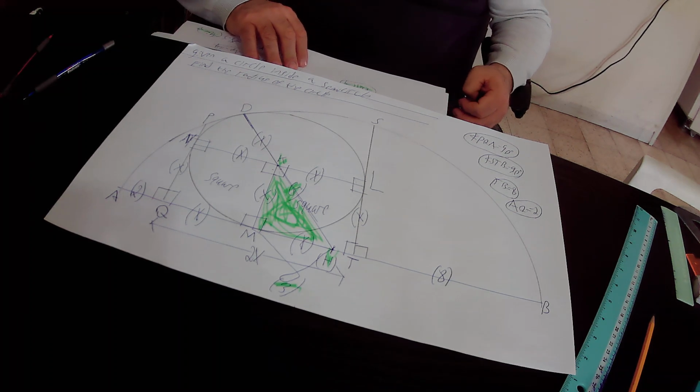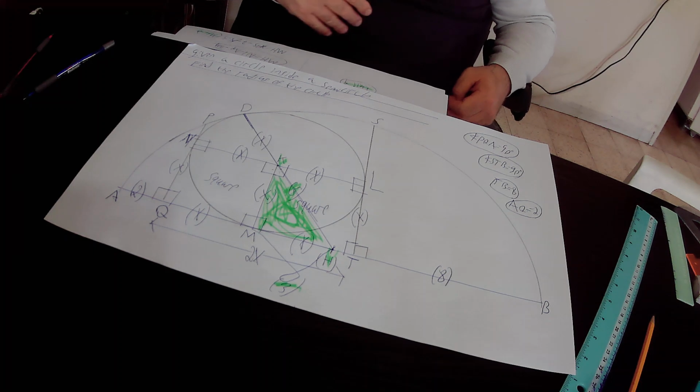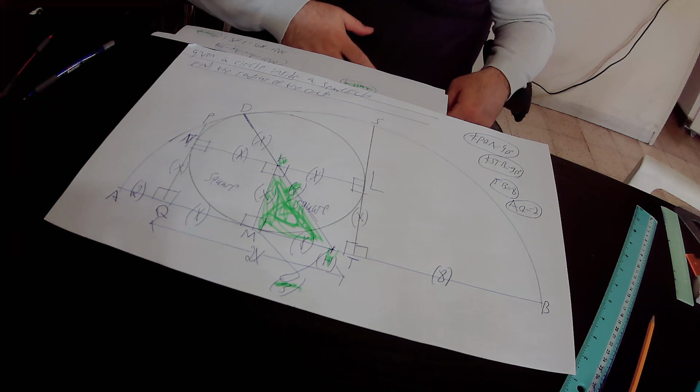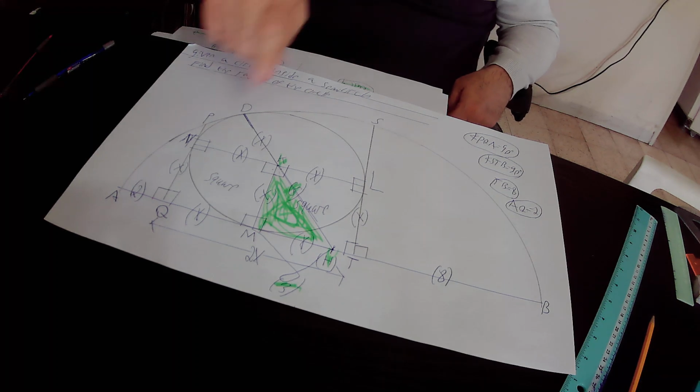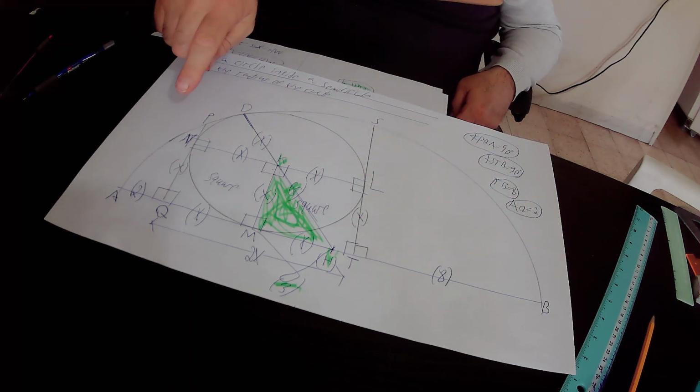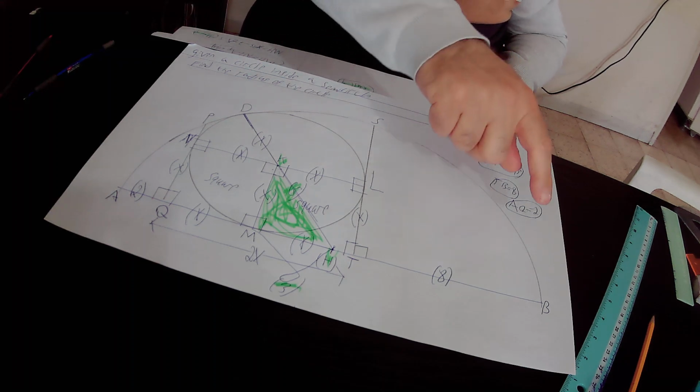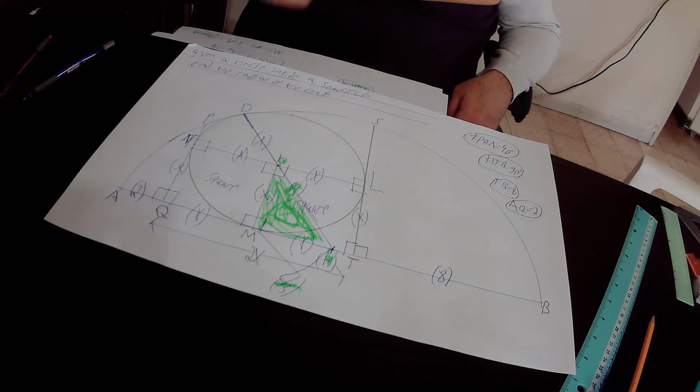In the next step, we implemented in our drawing rule 3. I'll repeat quickly rule 3: the sum of the angles on one side of a straight line is equal to 180 degrees. AB is the diameter of this semicircle, so it is absolutely a straight line.